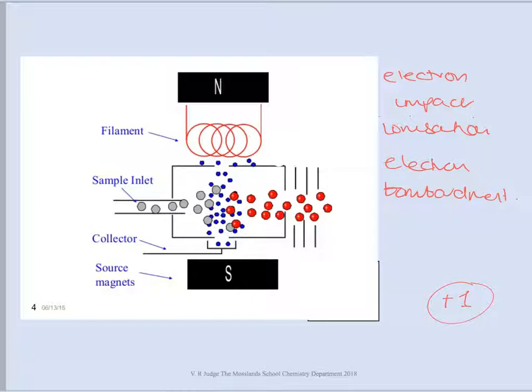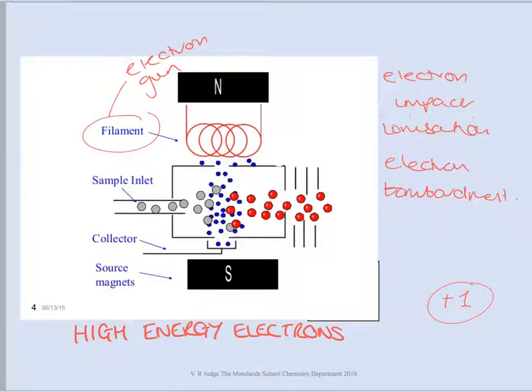So how it works, we've got a filament, a very hot filament, which we also sometimes call an electron gun. And this electron gun fires really high energy electrons into the sample. And that's a really useful phrase as well for if you're answering any exam questions, you'll want to mention high energy electrons. So these incoming electrons from the electron gun smash into the particles of your sample, and they knock an electron out of the particles in the sample.